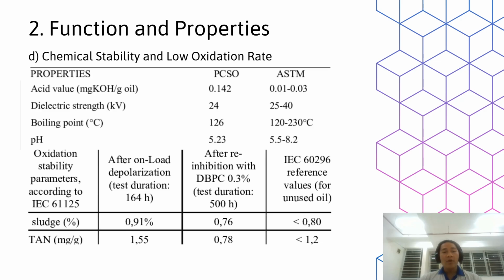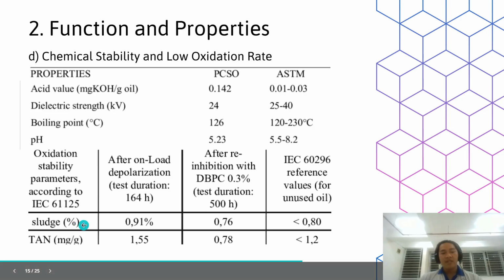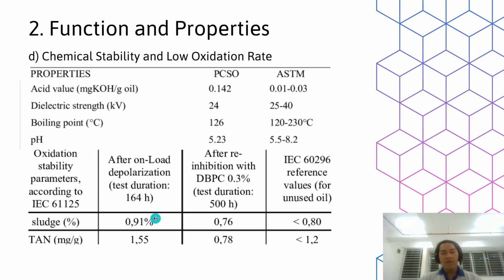D. Chemical stability and low oxidation rate. This is the acid value, 0.142. The lower the acid value, the higher the chemical stability of the transformer oil, and the percentage of sludge is 0.91%.